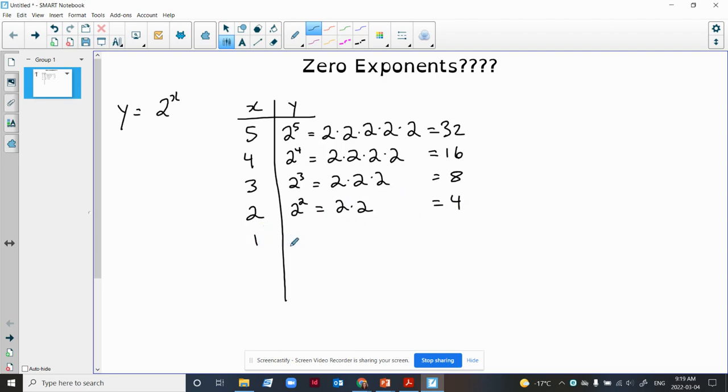And then x is 1, so 2 to the 1 is equal to 2 times nothing, which is equal to 2. Hopefully all of that makes sense in terms of how exponents work.